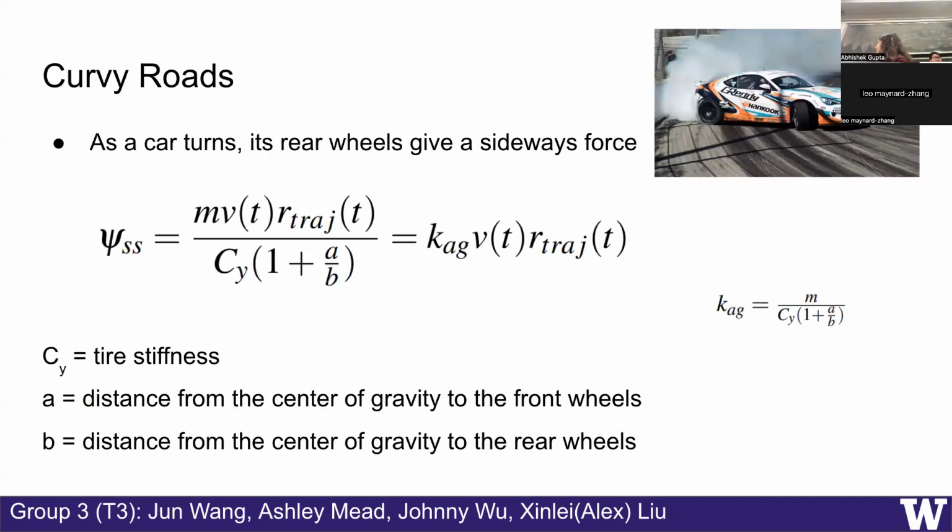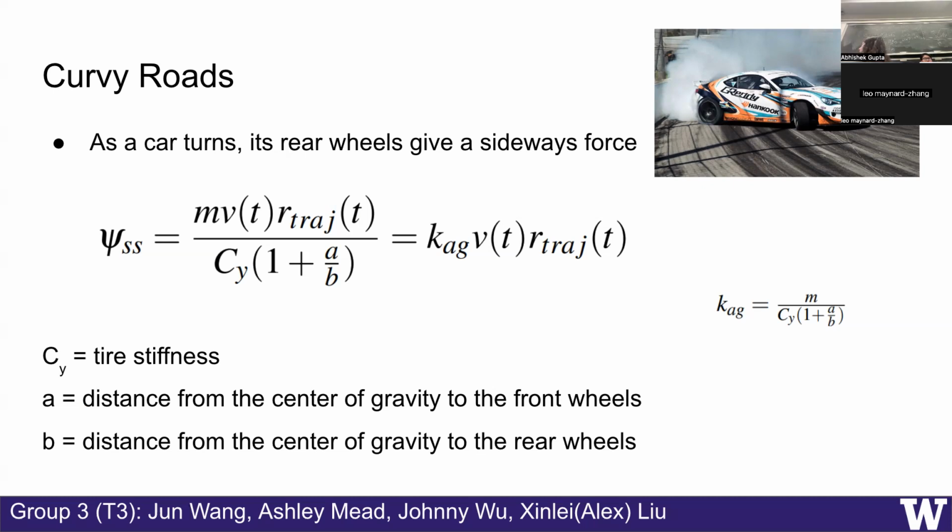So this is to make up for the fact that the rear tires on a car that is steering create a sideways force. As you can see when the car is drifting, that becomes especially evident. This equation, I'm not going to go into it too deeply, but essentially it calculates the sideways force based on the tire stiffness and also the car length.